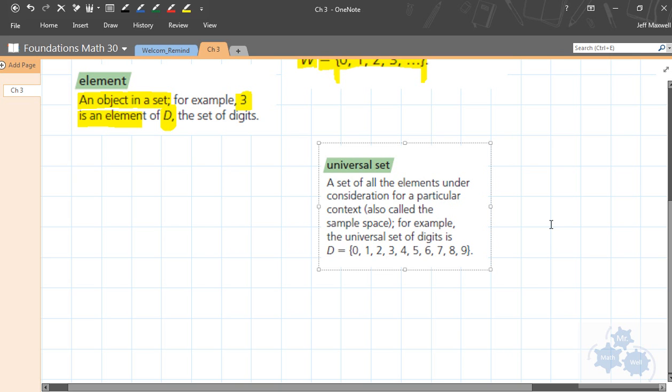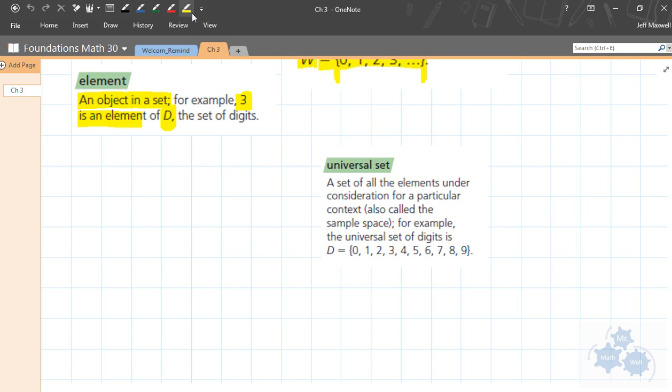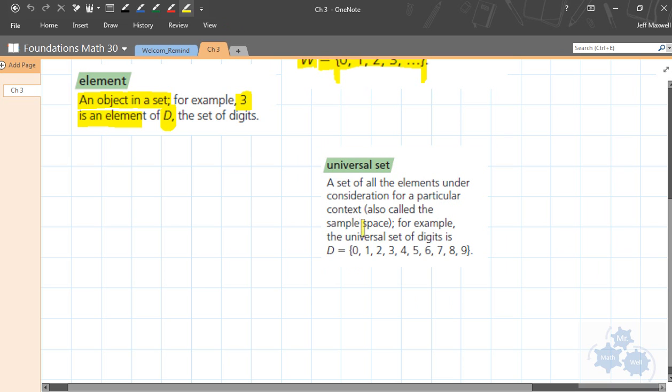In this example, we have digits, these digits right here. Now, within that overarching or universal set, we would have subsets, right? We would have odd numbers: 1, 3, 5, 7, 9.